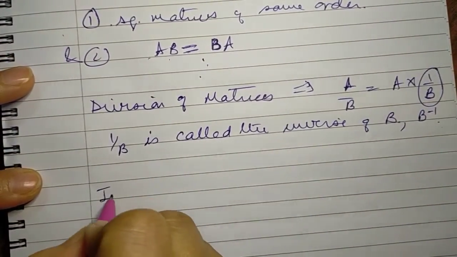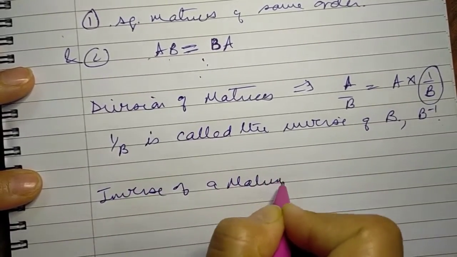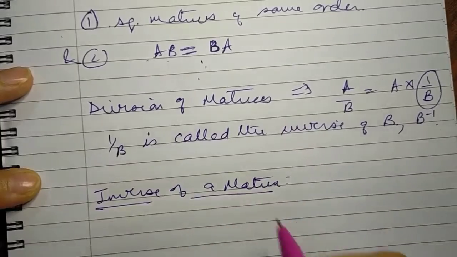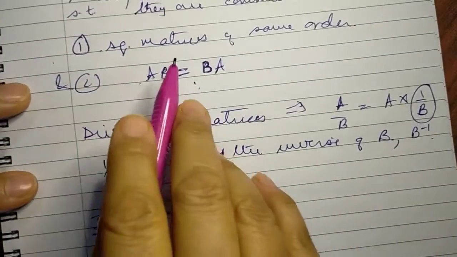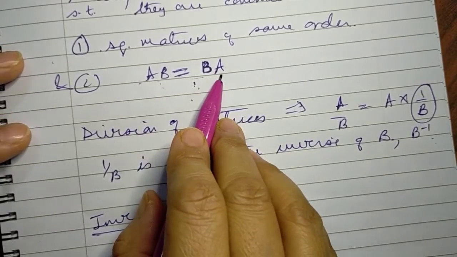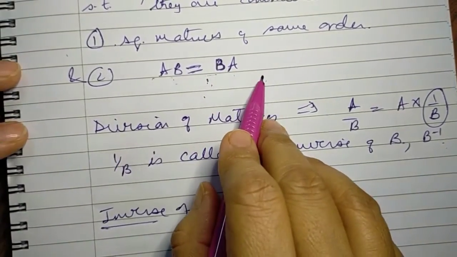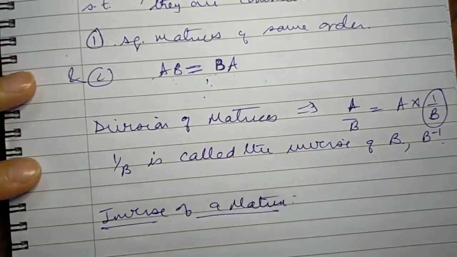So this leads us to the inverse of a matrix. Only this small category which is commutative, you may think that the inverse may exist. Rest all we can't even think about it.